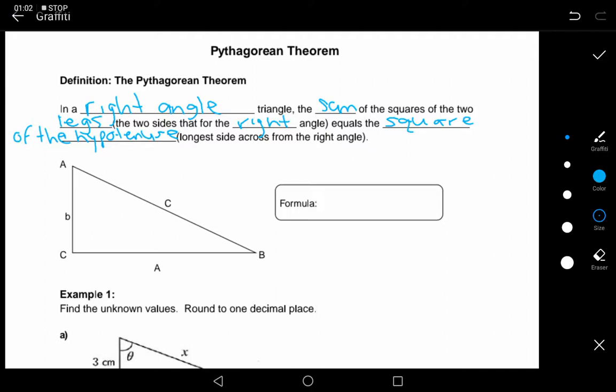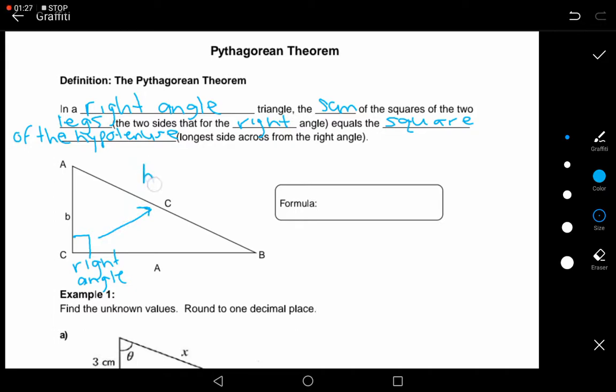So let's just look at this image here and label it so we can make sense a bit of that definition. So right here is the right angle. If you see this little box, remember that refers to the right angle. We know that the hypotenuse is the one across from the right angle.